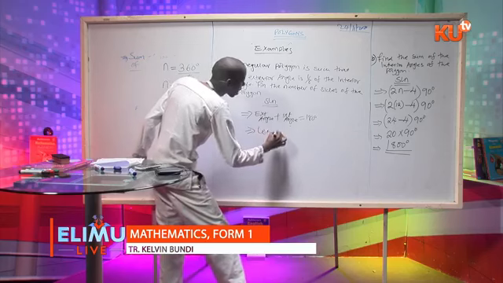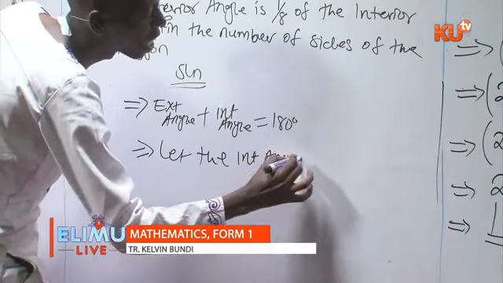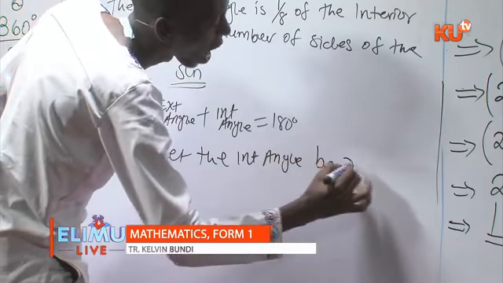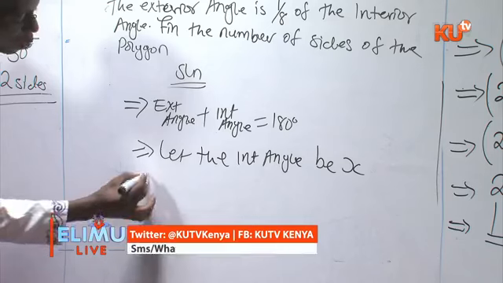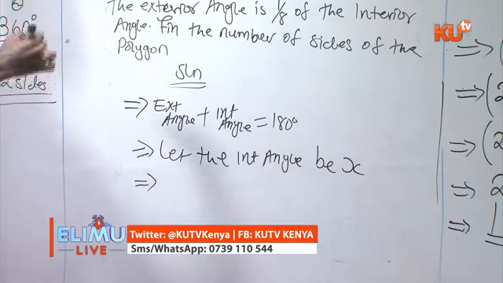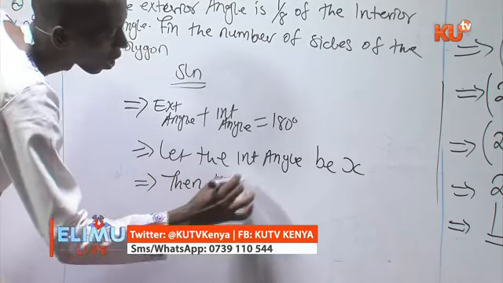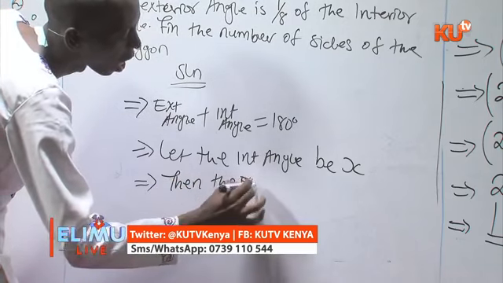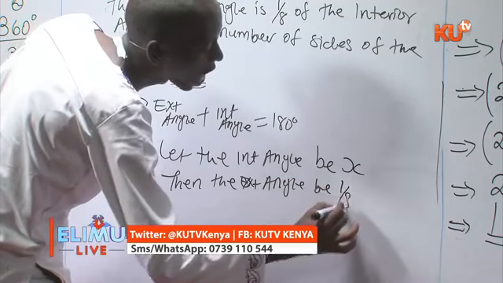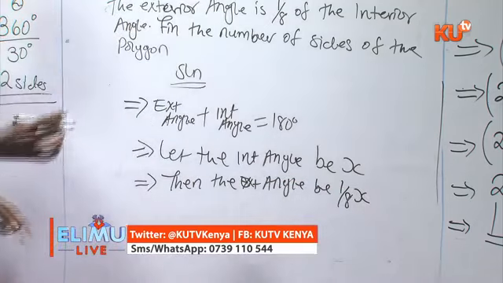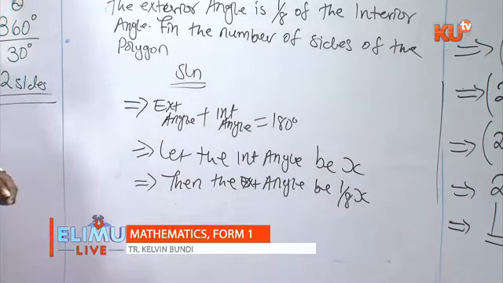Therefore, let the interior angle be x. So if the interior angle is x, then the exterior angle will be 1/8 of x, because we are told that the exterior angle is 1/8 of the interior angle.